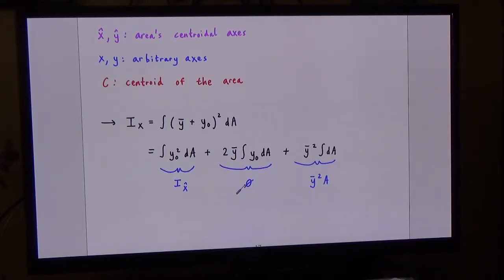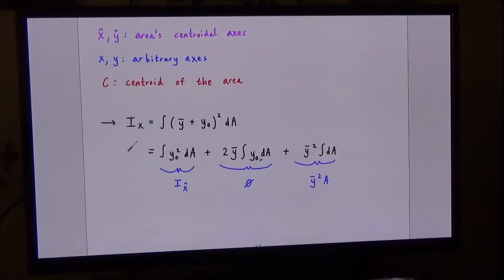I'm not going to prove it, but it can be shown it always turns out as 0. The last term, whenever I have y bar squared dA, well, y bar squared is just a number, so we can pull it out of the integral. Integral of dA is just the area. So then this becomes y bar squared times A.